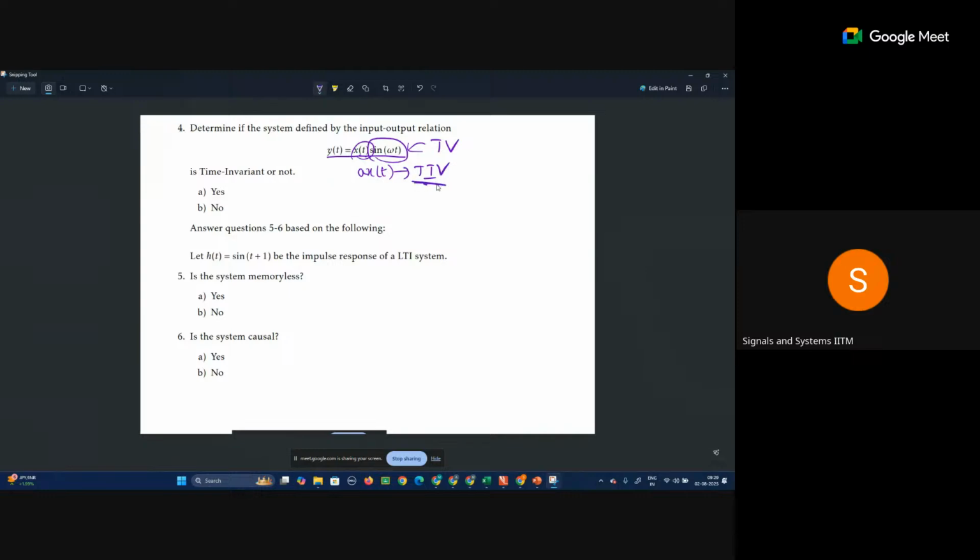Here, if we shift the input to x of t minus t naught sine omega t, and replace t by t minus t naught, then y of t minus t naught equals x of t minus t naught times sine of omega of t minus t naught. These two are not equal. As a result, we get a time variant system.